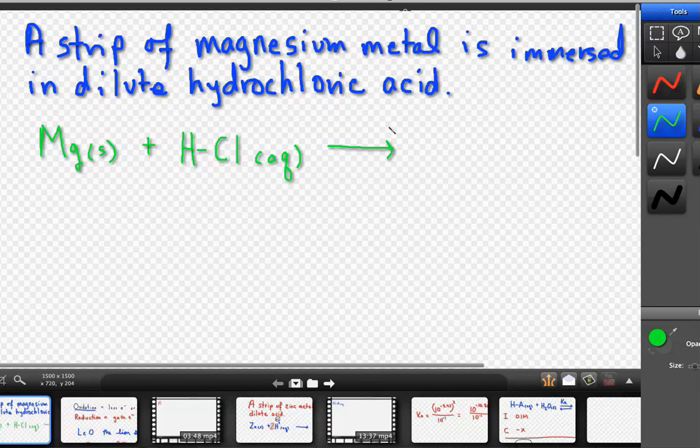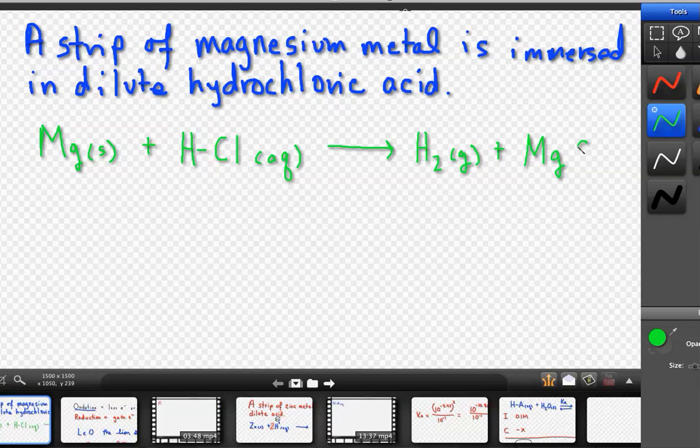When we react a strong active metal with a strong acid, we will always generate hydrogen gas. I covered this at the very end of lecture last week. And we will get a metal halide salt.